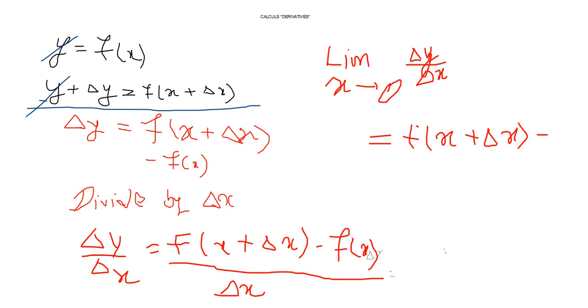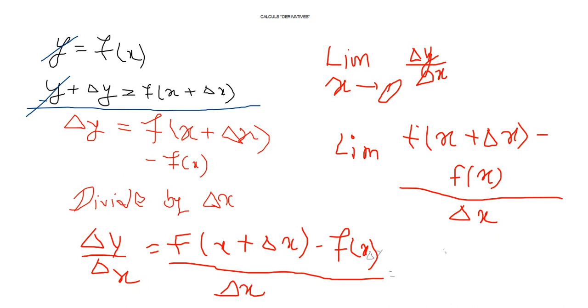Oh sorry, I forgot to take the limit, so I am taking the limit here: limit del x tends to 0, not x, I'm so sorry gentlemen. So this and this are equal.